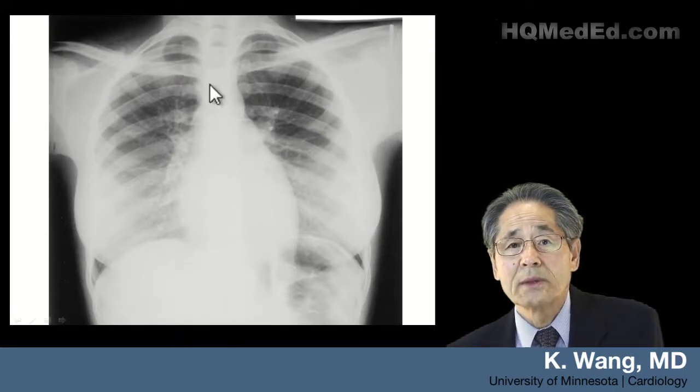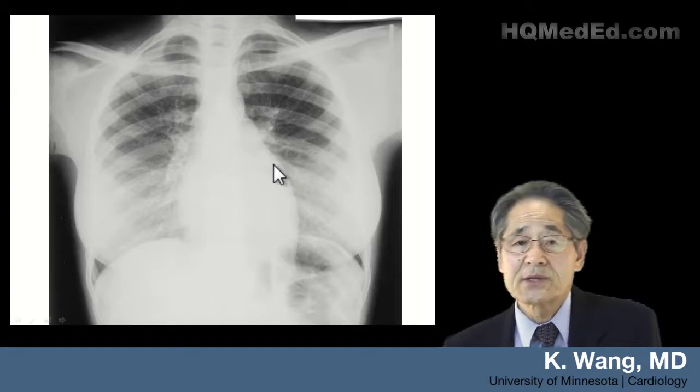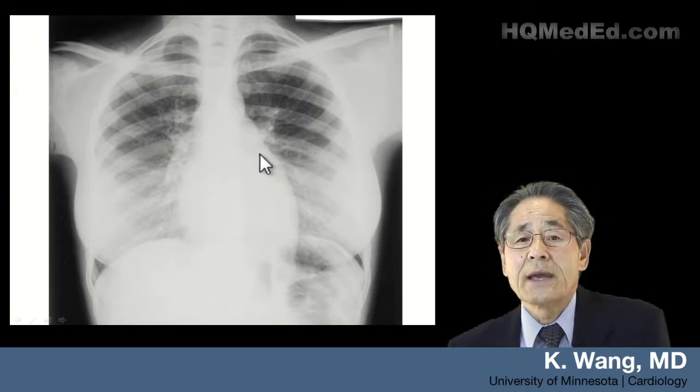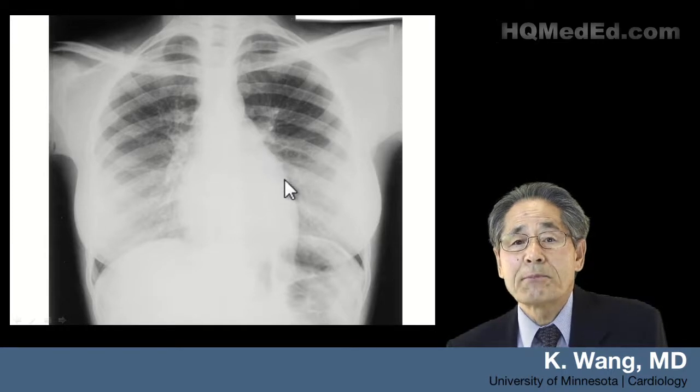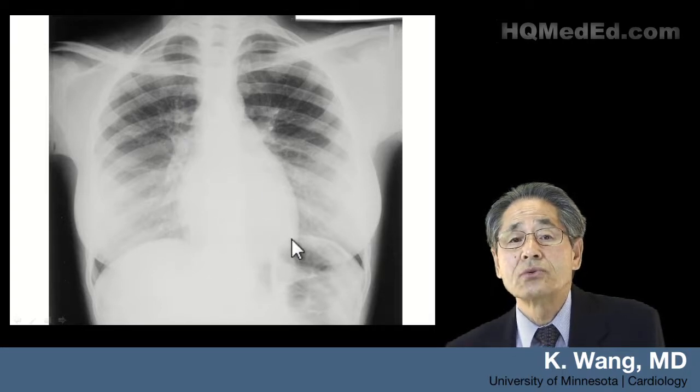How about this one? Aortic knob, pulmonic knob, and it should be concave, but there's an additional bulge. As I said before, this is an enlarged left atrial appendage doing it, and the left ventricle is not enlarged. So mitral stenosis can do this.